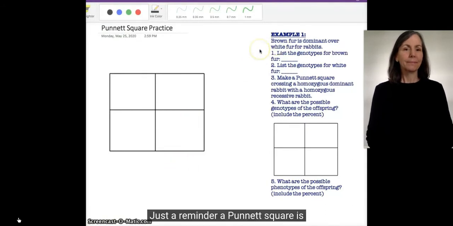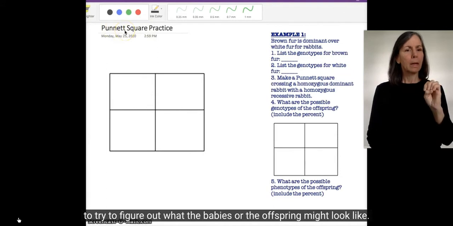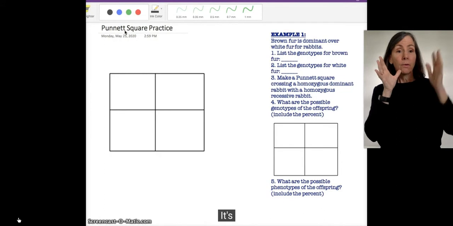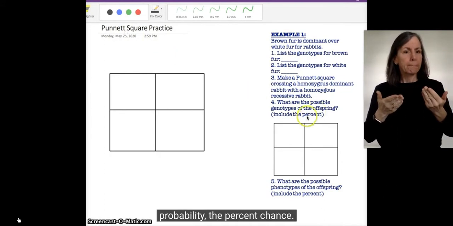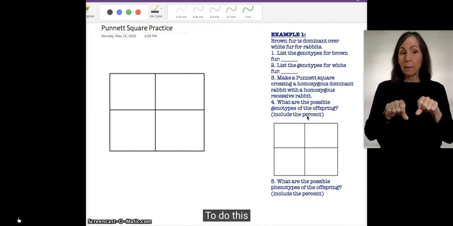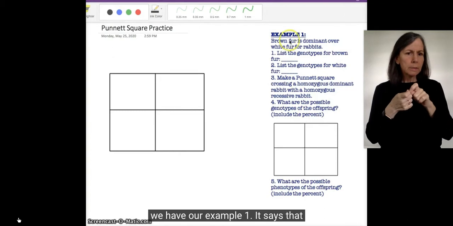Just a reminder, a Punnett square is to try to figure out what the babies or the offspring might look like. So it's calculating the probability, the percent chance. So to do this, we have our example one.